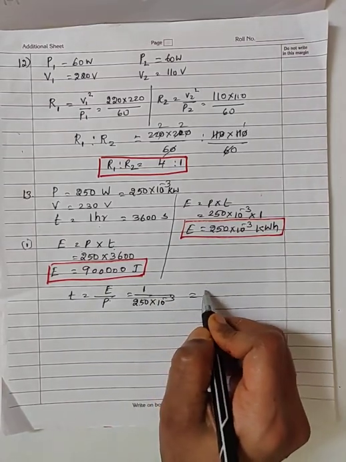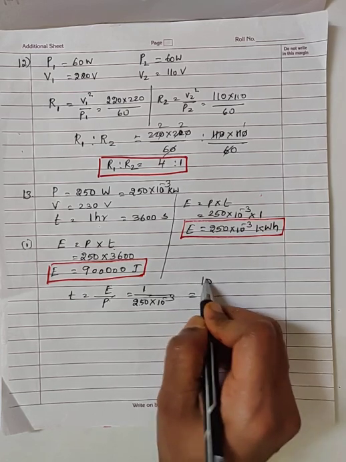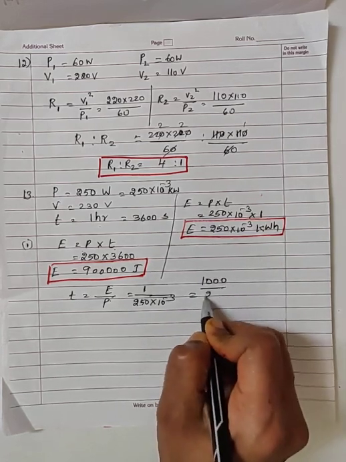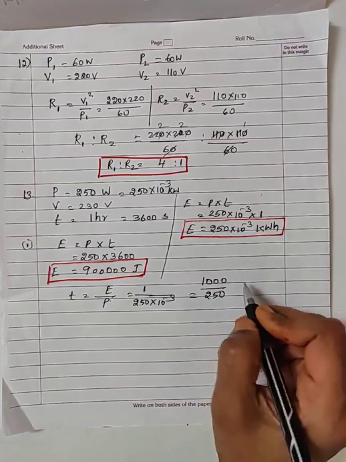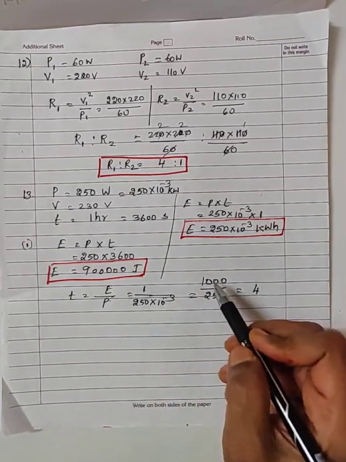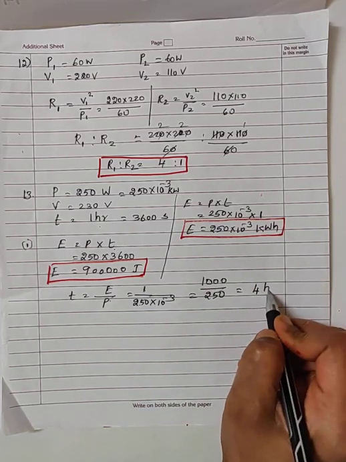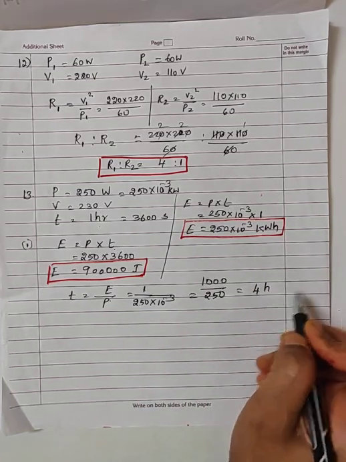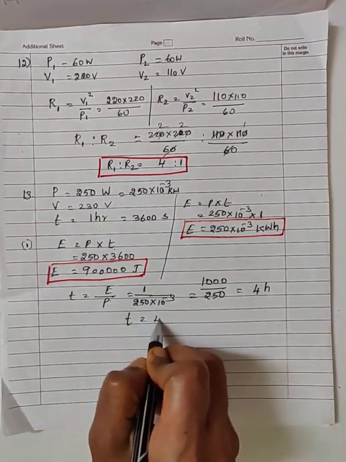When I take 10 power minus 3 to the numerator, it becomes 10 power 3. 10 power 3 is nothing but 1000 divided by 250, which is equal to 4. Since we have expressed energy in kilowatt hour, we have to express time in hour. So time T is equal to 4 hour.